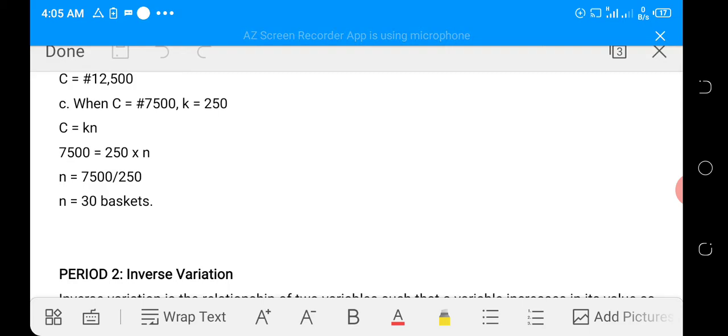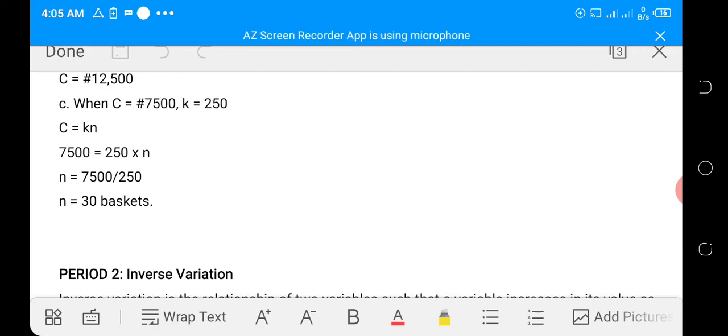Therefore, N is equal to 30 baskets. That is, 30 baskets can be bought with 7,500 naira. This is where we are going to end our first period, which is centered on direct variation.